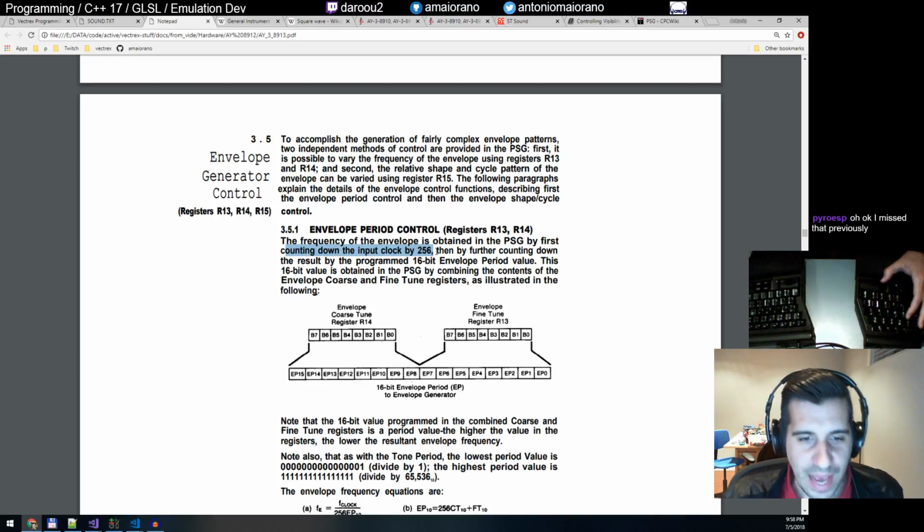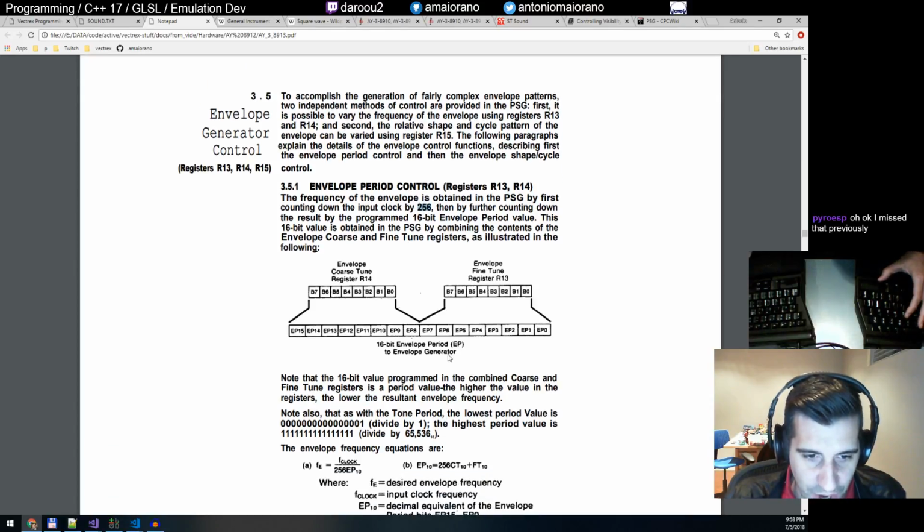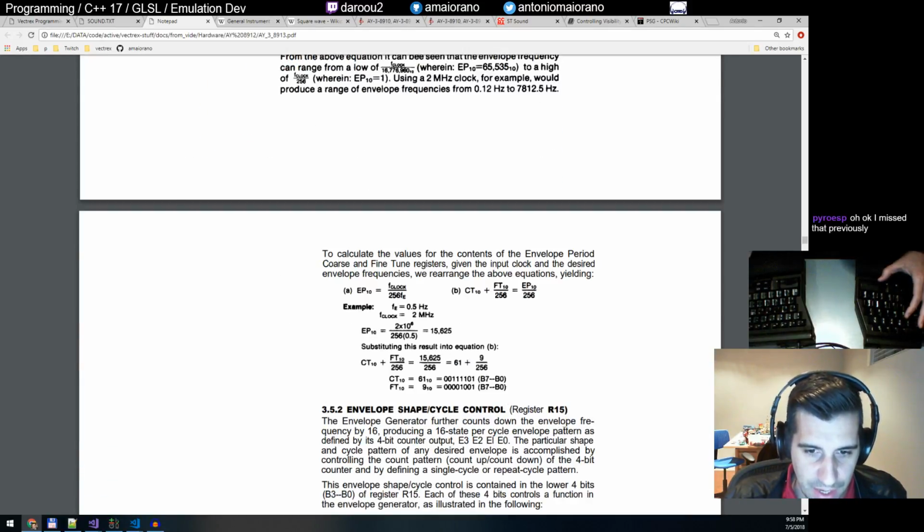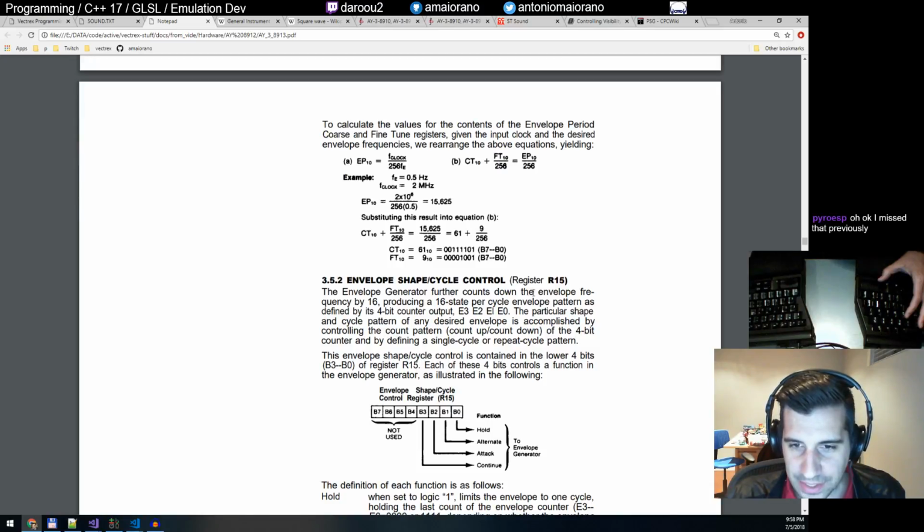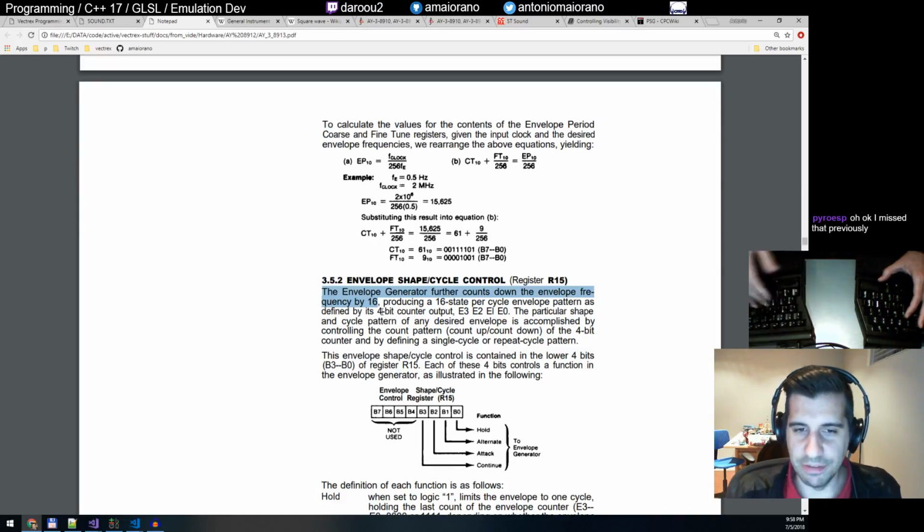The way I read that is it's effectively 256, because later it says the envelope generator further counts down the envelope frequency by 16, producing a 16. This tells me there's a second divider in the envelope generator.